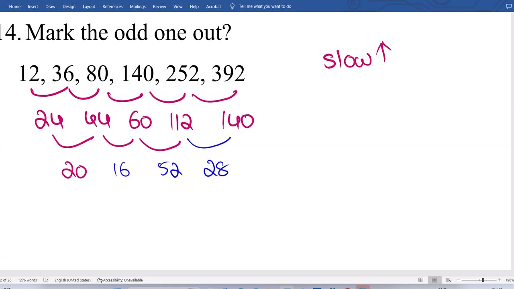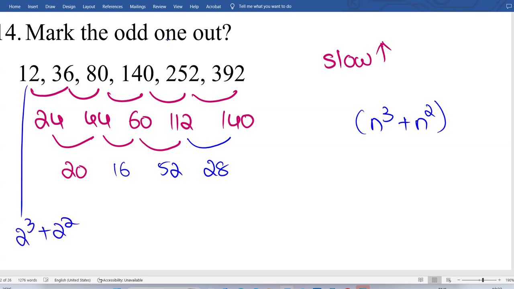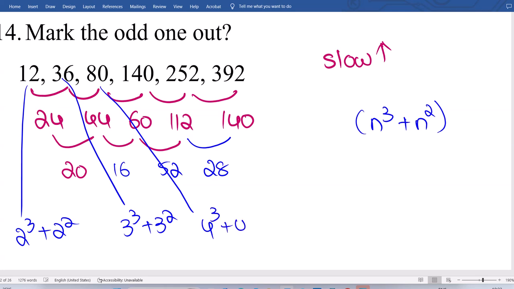In fact, if you recall, during the series discussion, if any number is in the range of 330 to 357, cube, like this is actually a very typical question. N cube plus n square logic, a very difficult question actually. What is 12? 2 cube plus 2 square. 36: 3 cube plus 3 square. 80: 4 cube plus 4 square.